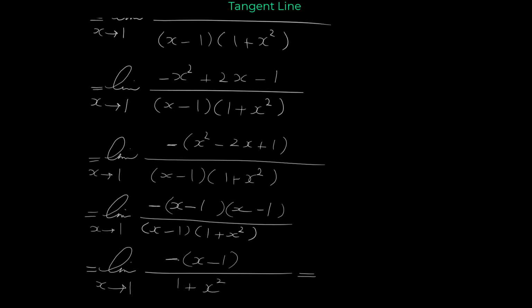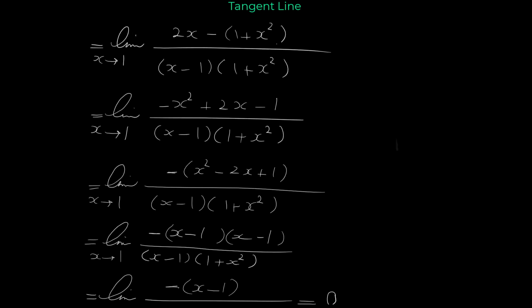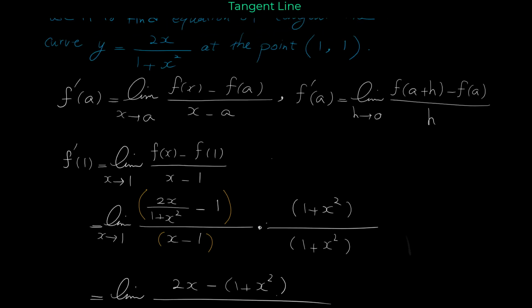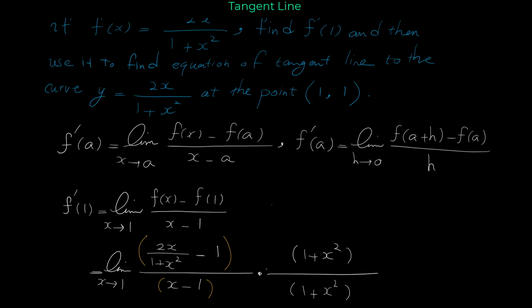If you plug in 1 to find the limit, the numerator is 0, the denominator is 1 plus 1, which is 2, and 0 over 2 is 0. So f prime of 1 equals 0. So from our calculation, we got this: f prime of 1 equals 0.